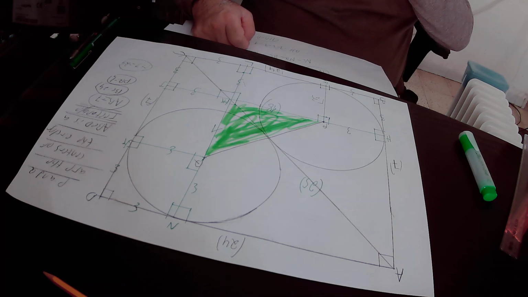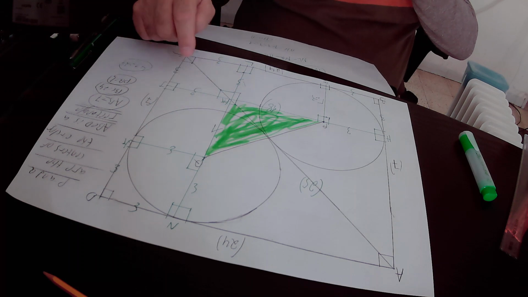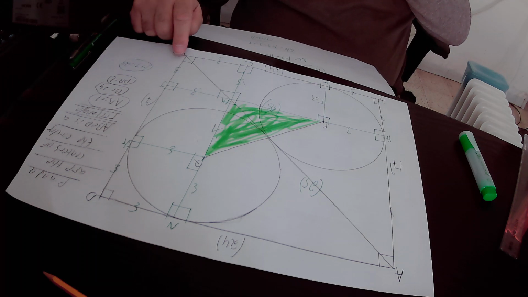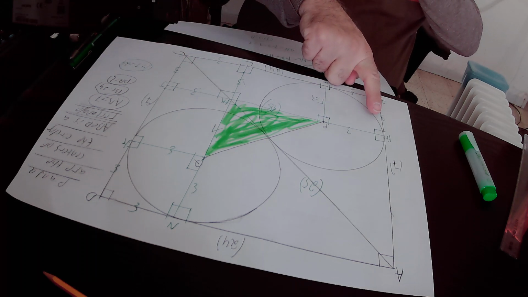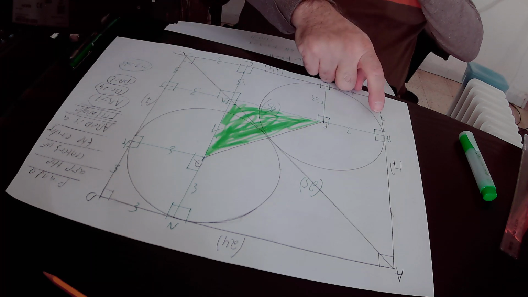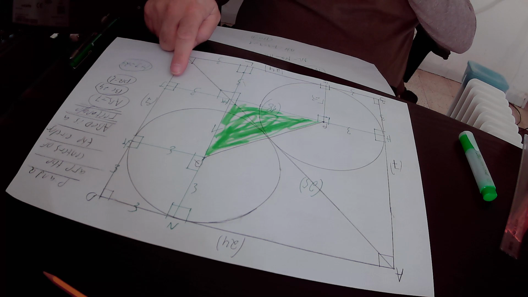And here we have 1, 2, 3 right angles, therefore here we have, in quadrangle HBCJ, 1, 2, 3, therefore the fourth angle must also equal 90 degrees.